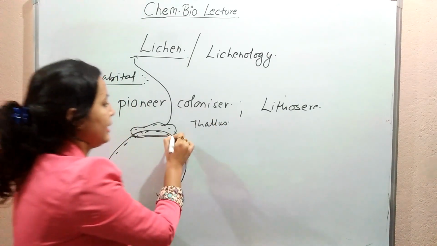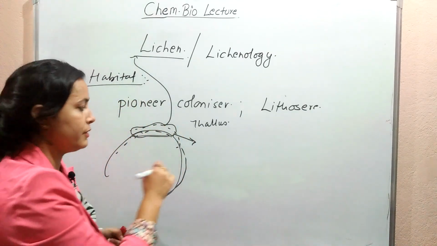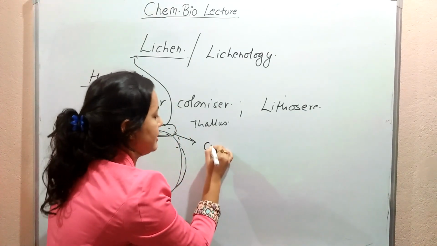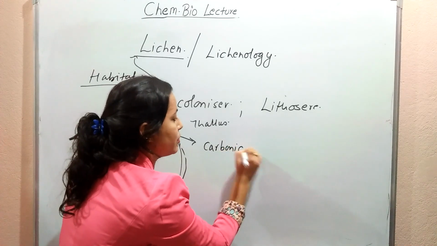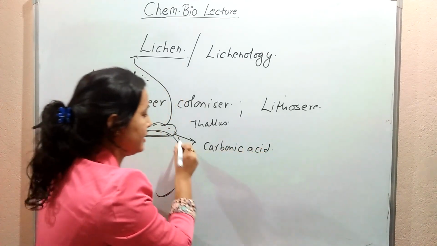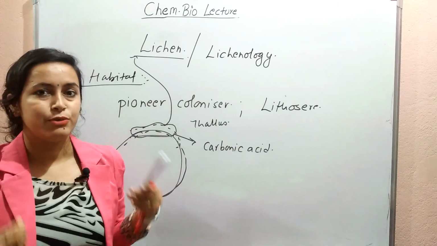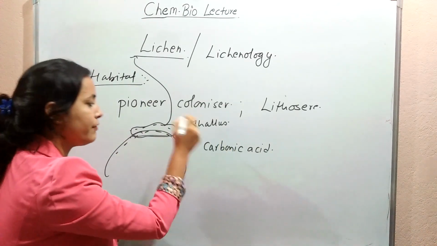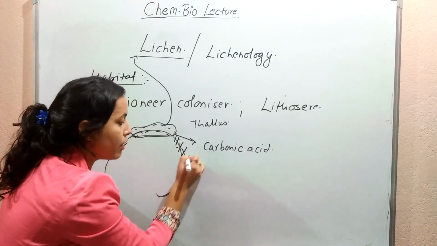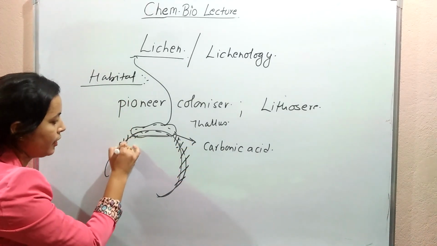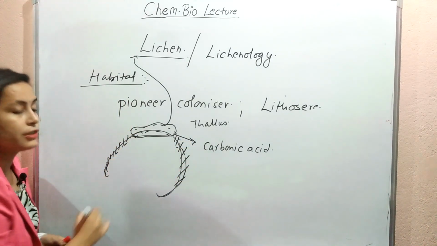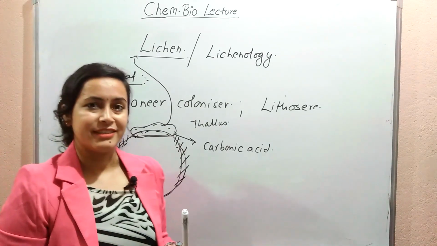They even release acid. That acid is called carbonic acid. Basically they release carbonic acid, and due to that carbonic acid they can erode the surface of the rock.